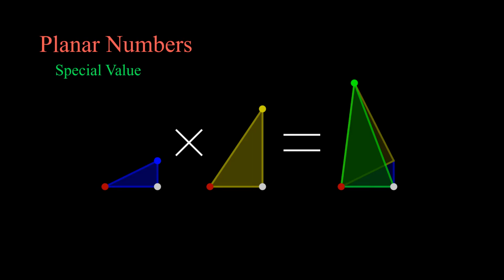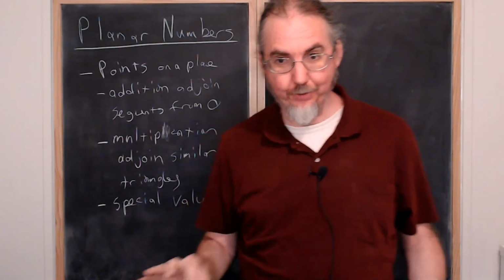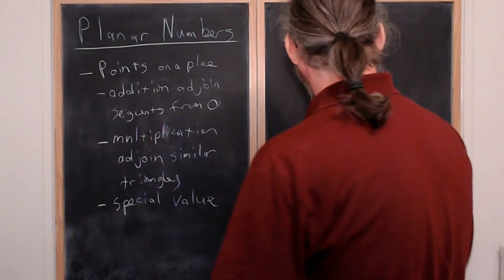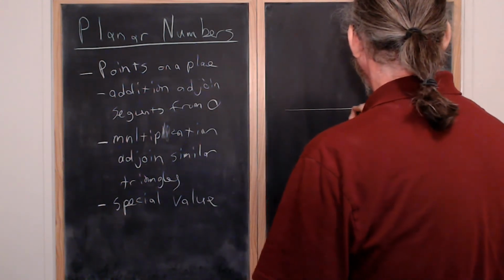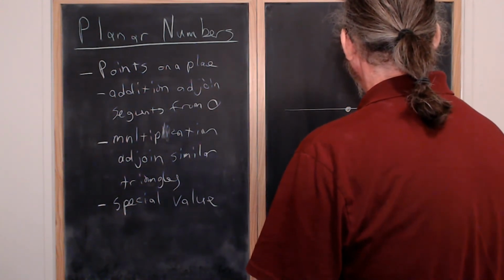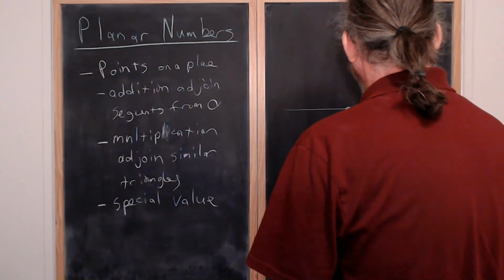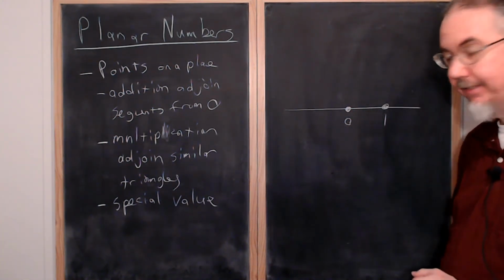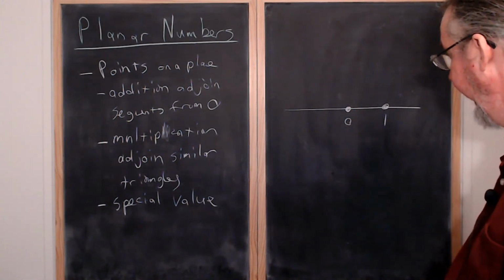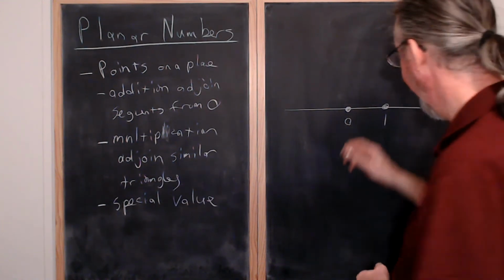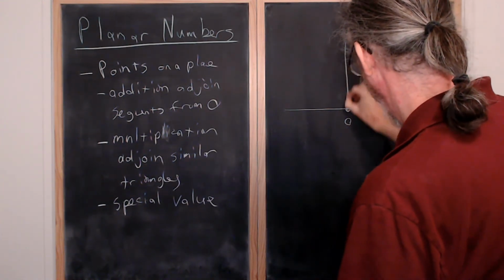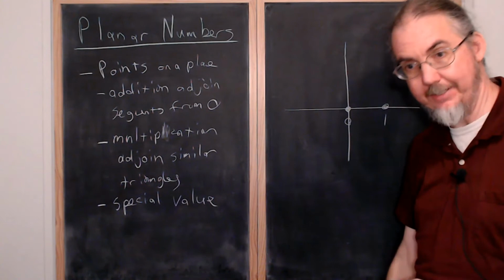There is one very particular point that is worth bringing up. So if I have my point, let's draw a line here that connects 0 and 1. Okay, now there is a straightforward construction for how to draw a line perpendicular to that line.